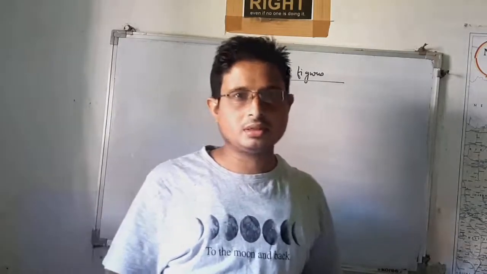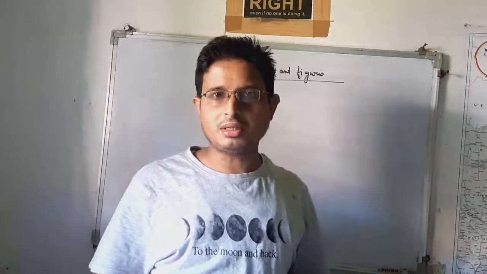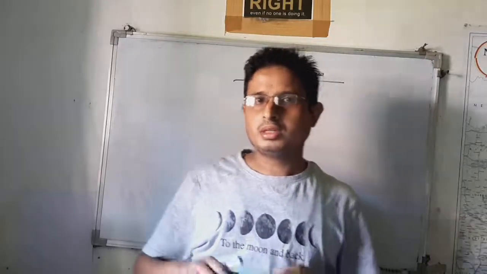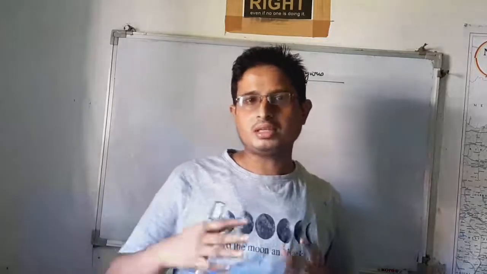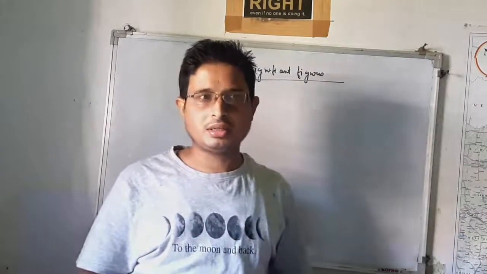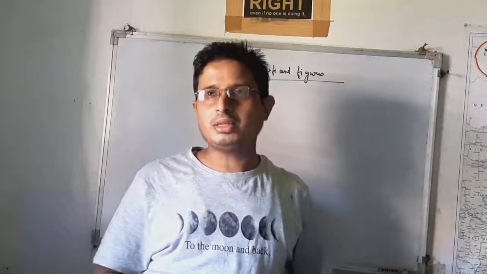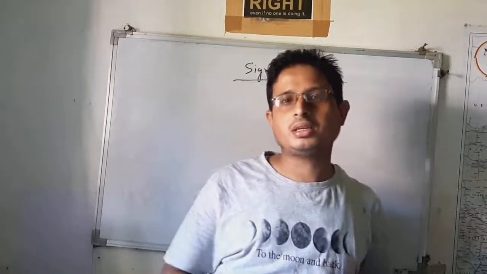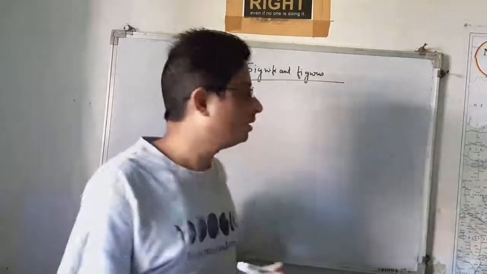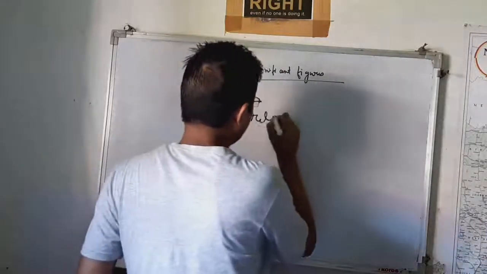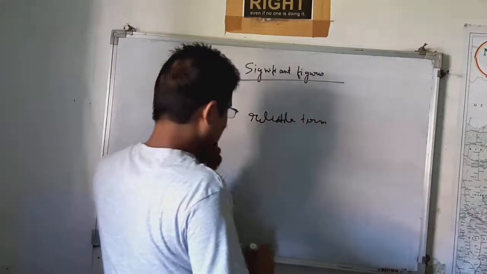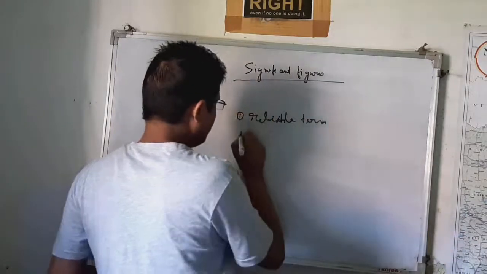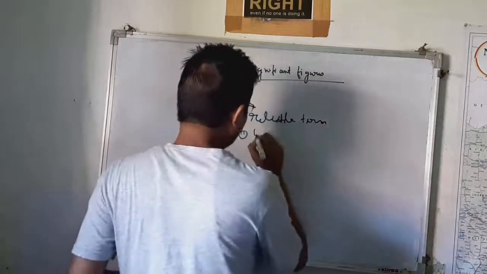In my lecture on accuracy, precision and errors in measurement, I have explained how errors are involved in the measurement. Errors mean uncertainties exist in the measurement. So every measurement can be expressed in terms of two terms: one is the reliable term, and number two is the uncertain term.